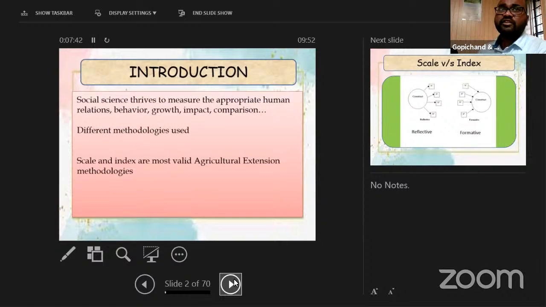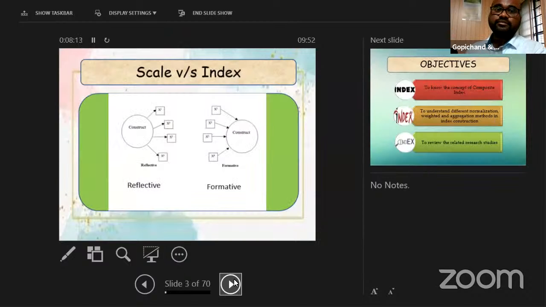We use different methodologies like explanatory, exploratory, scale development, index development, as well as participatory methods we use in extension. Among them, scale and index development are the most popular and valid in the agriculture extension domain.